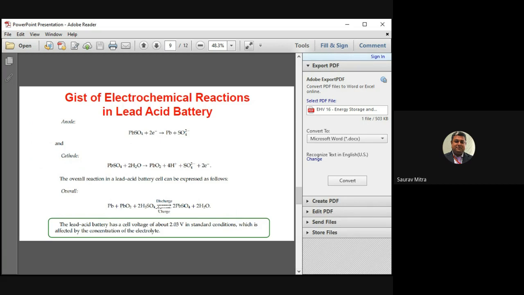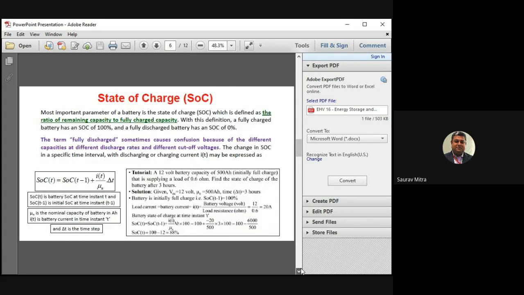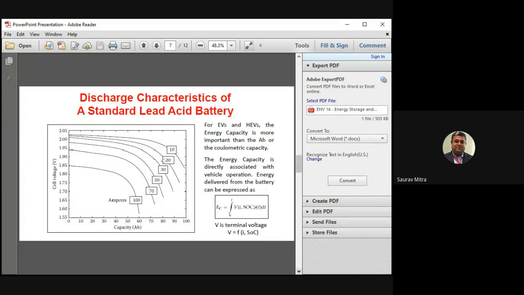Finally, it is written that a lead acid battery has a cell voltage of 2.03 volt. A very important thing I told you in the previous slide is that 2.03 volt is the starting point. Here you find that whenever it is 10 ampere discharge, this point is 2.03 volts.